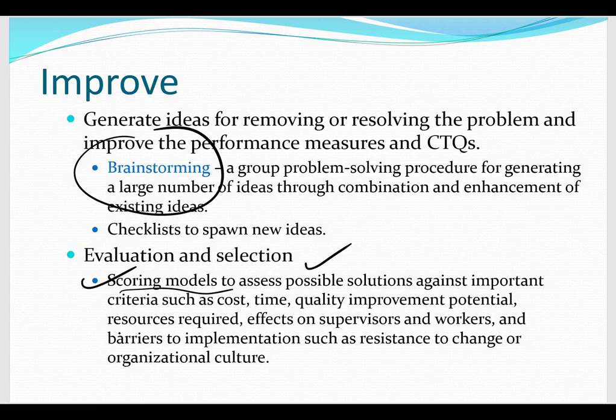It could be a number of things, and then for each of these criteria, you will have some kind of a scoring system where the different alternatives will be rated.